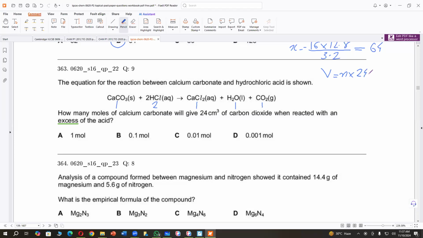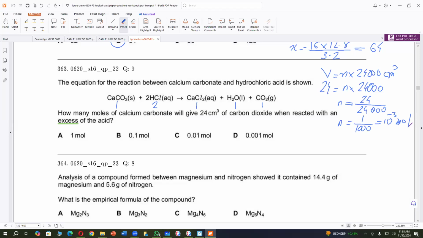Actually, this is how you get the number of moles.